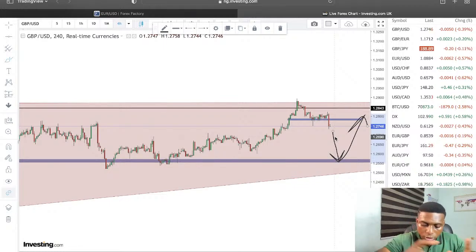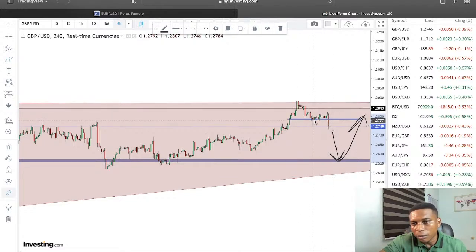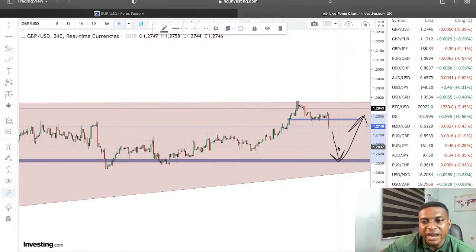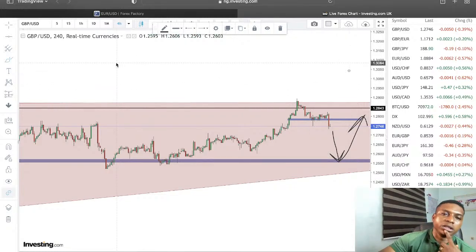So this is a sell, and if you're going to sell, it's a short-term sell, since it has broken out of this support zone, which is also like a demand zone. It has broken out of a key support zone, and then we'll see a continuous bearish momentum.